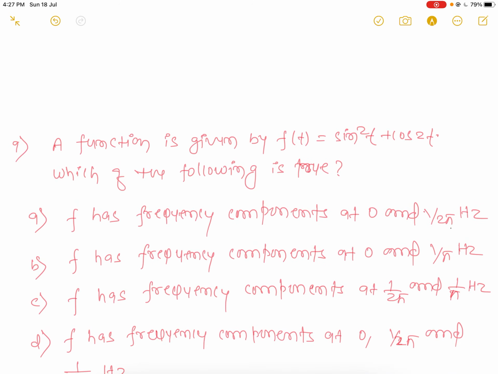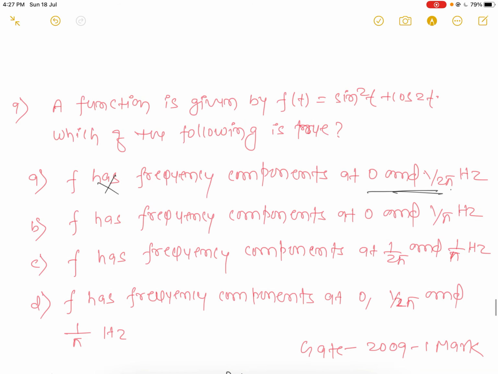The option with 1 by 2 pi, option A, is wrong. F has the frequency component at 0 and 1 by pi hertz, so option B will be the right answer.